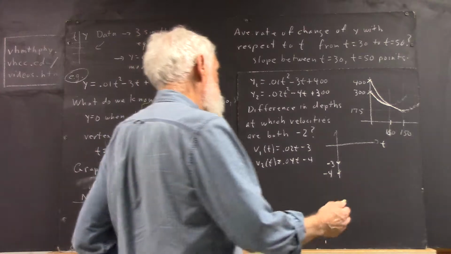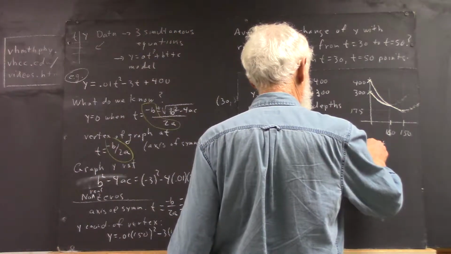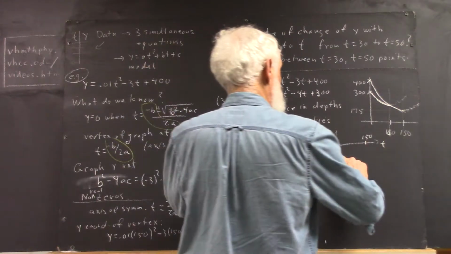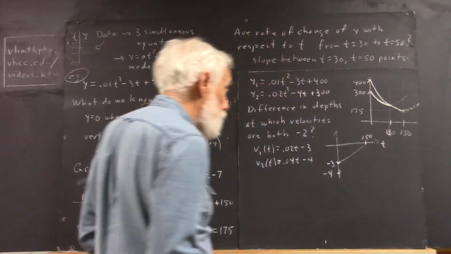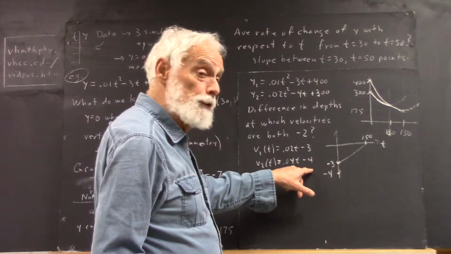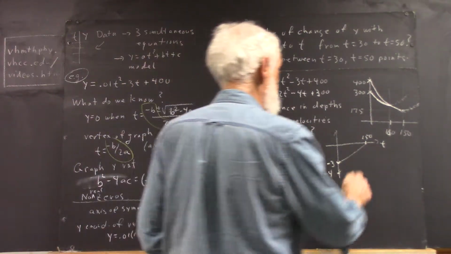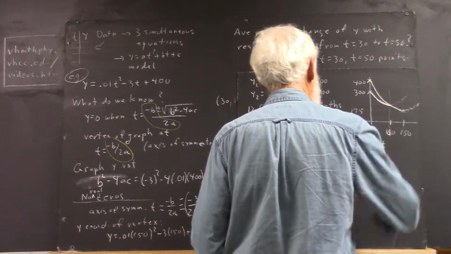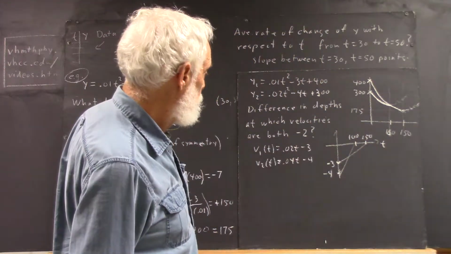And we see that that's going to occur at 150 for the v1 function. So the v1 function has a graph that looks like this. And for the other, set this equal to 0 and solve, we get 100. And that's going to be this graph.